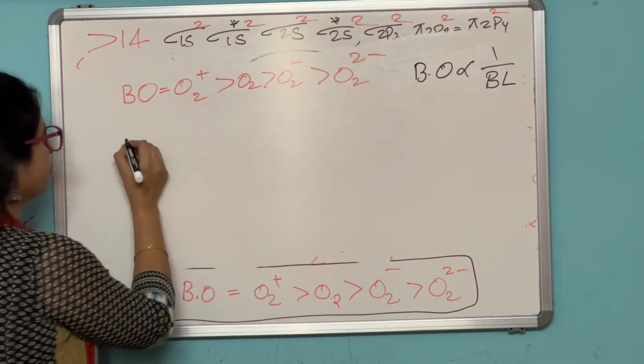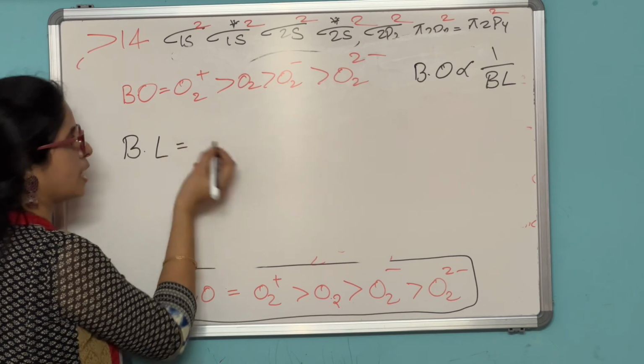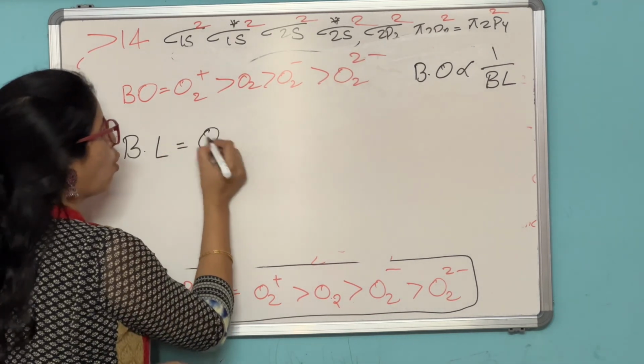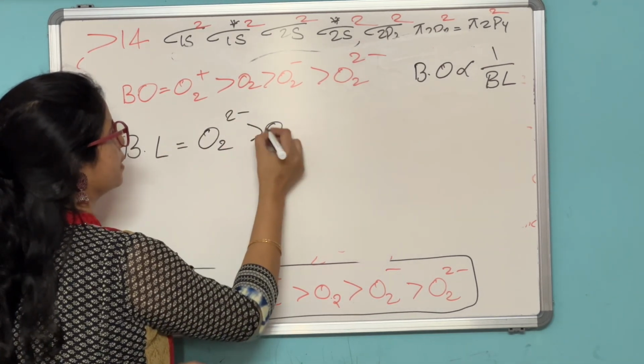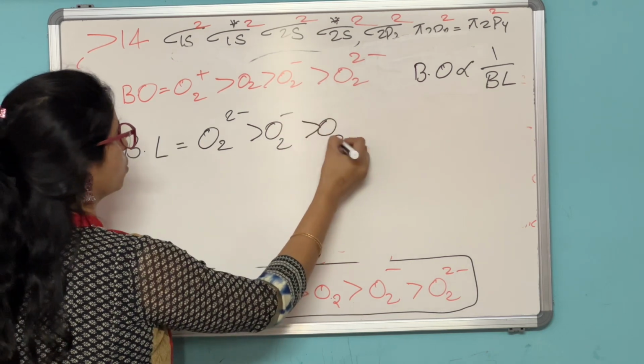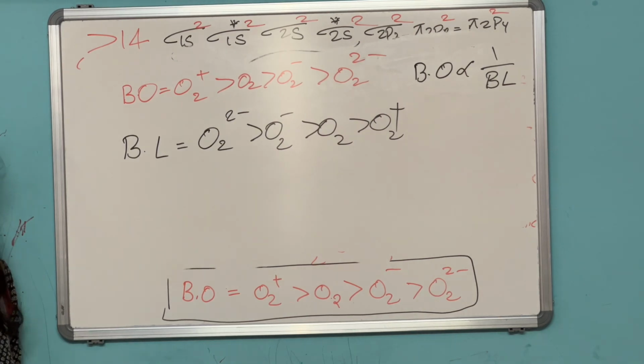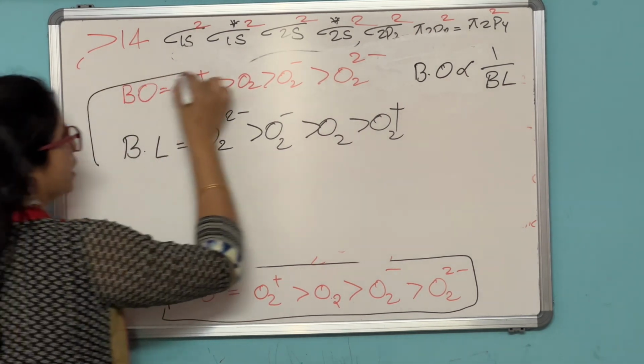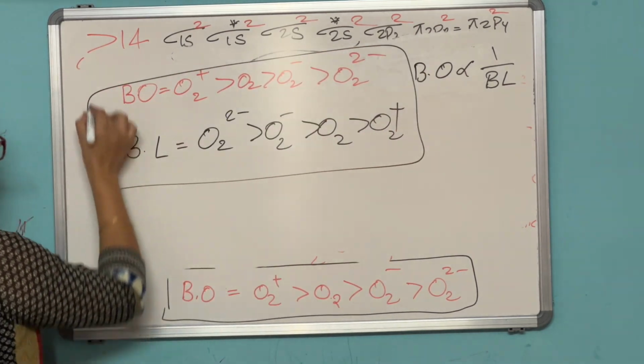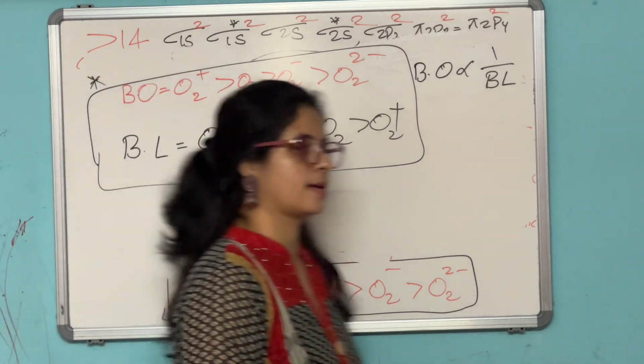So if you are asked about bond length, you reverse this order: O2 2 minus greater than O2 minus greater than O2 greater than O2 plus. It is very important, and it was asked many times in your JEE exams.